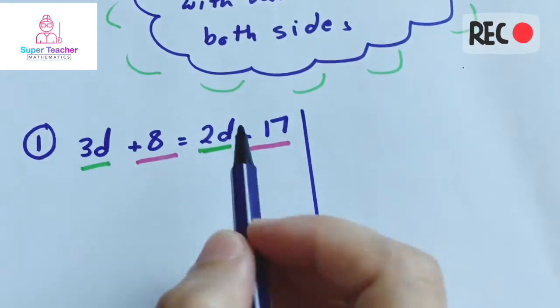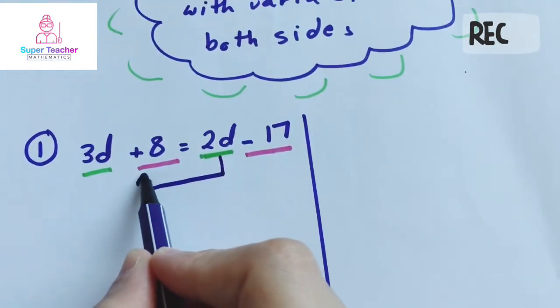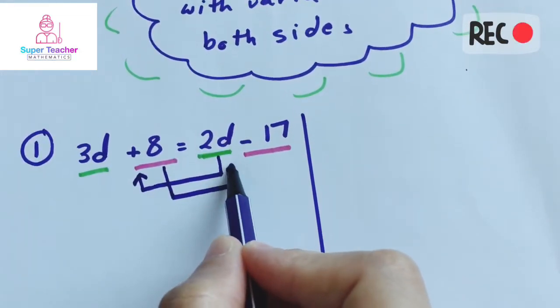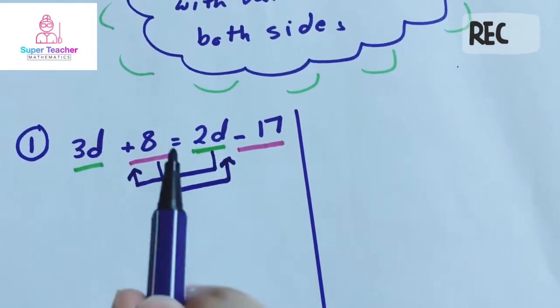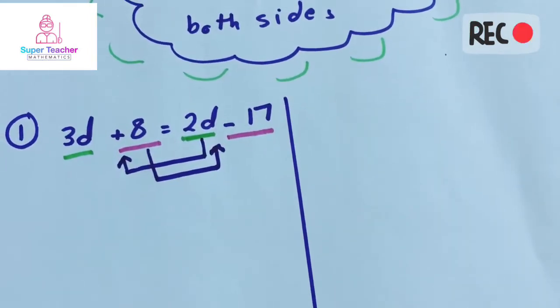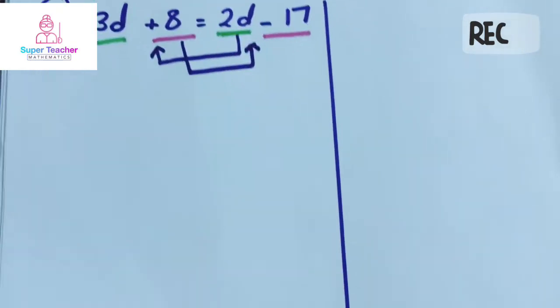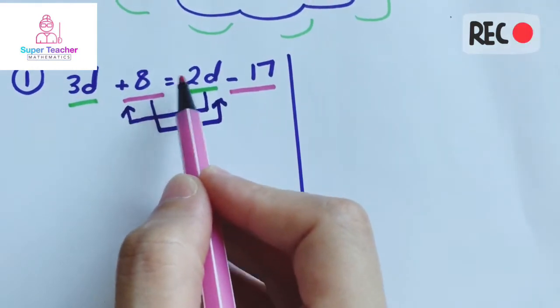I'm going to move 2d to the 3d side and the 8 to the negative 17 side. But whenever you switch between the numbers and the variables, you have to take care of the signs, because whenever they pass over the equal sign they change sign.